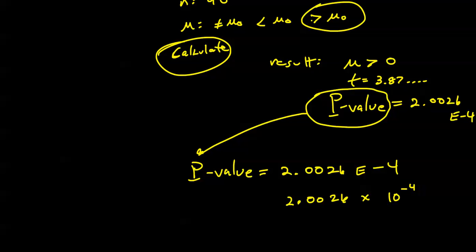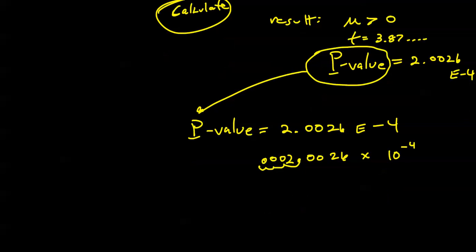And again, to convert this to a regular decimal, I just hop the decimal place over 4 spaces to the left. So in a raw decimal format, my p-value is 0.0002026 and change. Alright, so my p-value is computed.